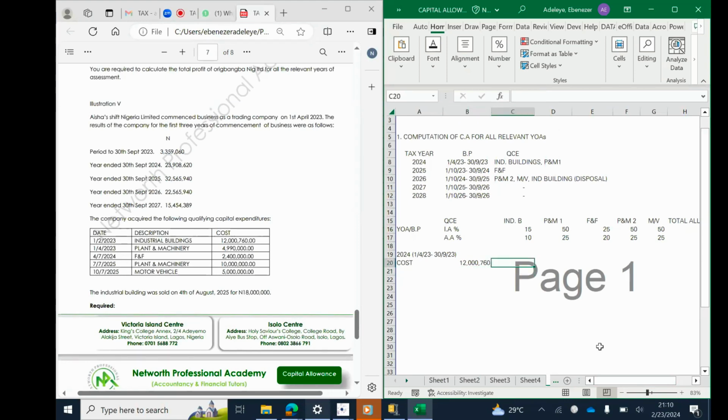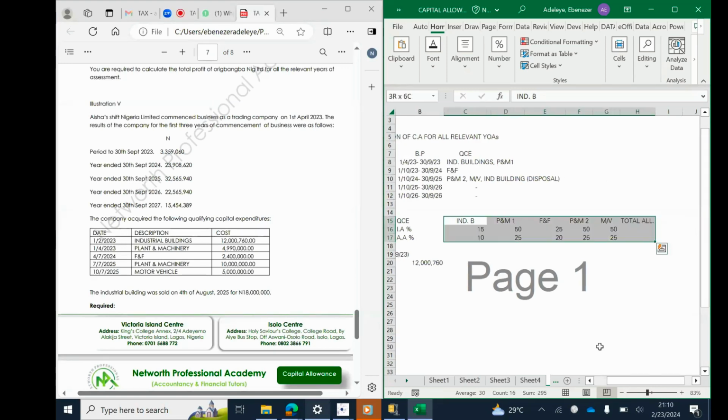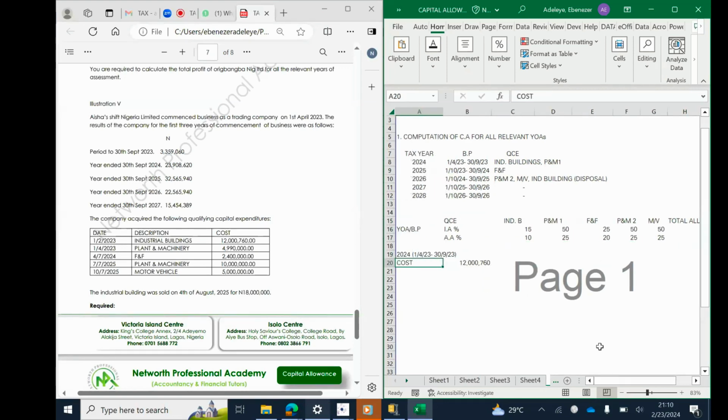And also, how am I putting it here? Then what about plant and machinery?